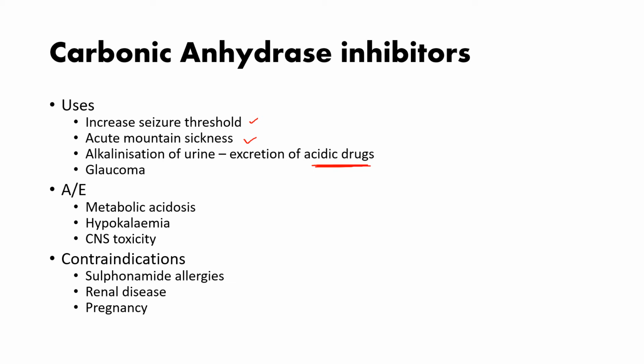Okay, so we learned this from the first lecture with our professor, that alkaline urine makes it easier for us to excrete acidic drugs. So carbonic anhydrase inhibitors could be used to alkalinize, if that's even a word, our urine. Okay, it's also used to treat glaucoma. This is because it reduces aqueous humor, which is basically just the fluid between the lens and the cornea.